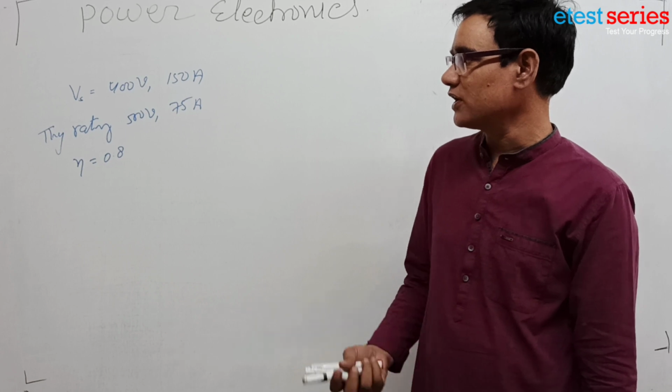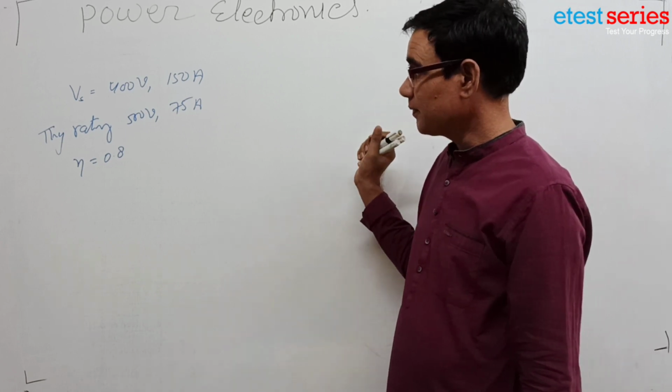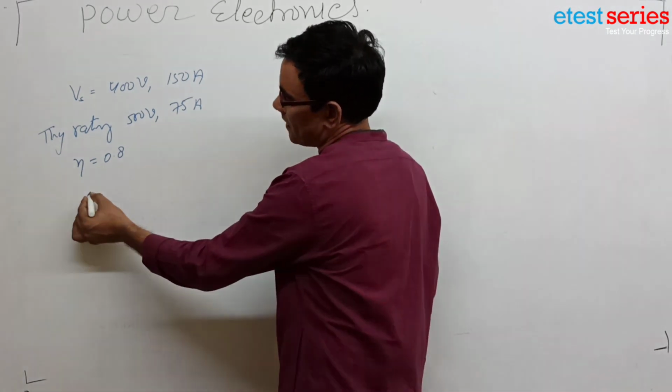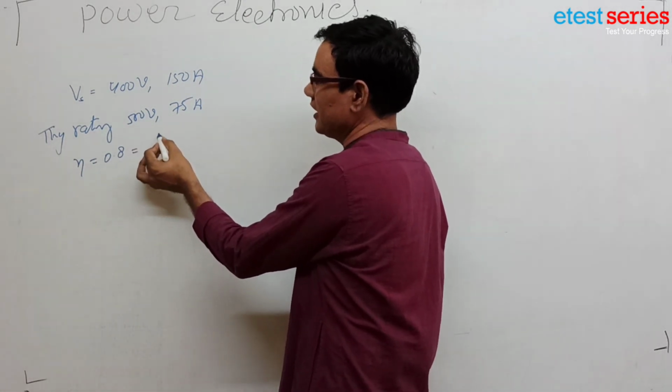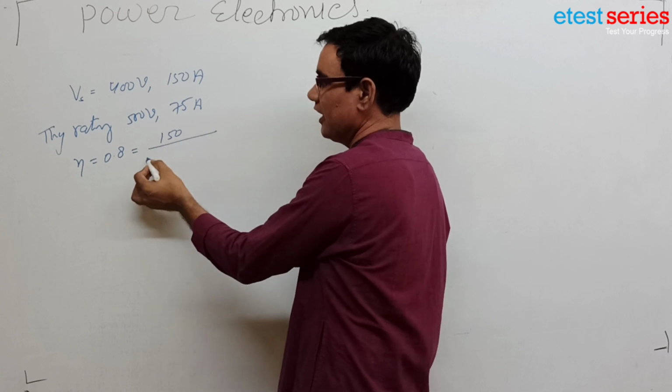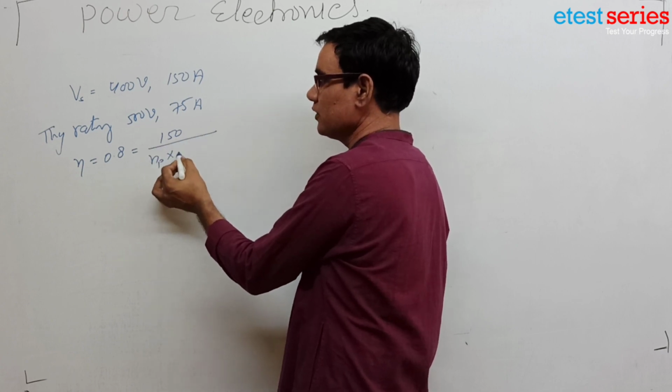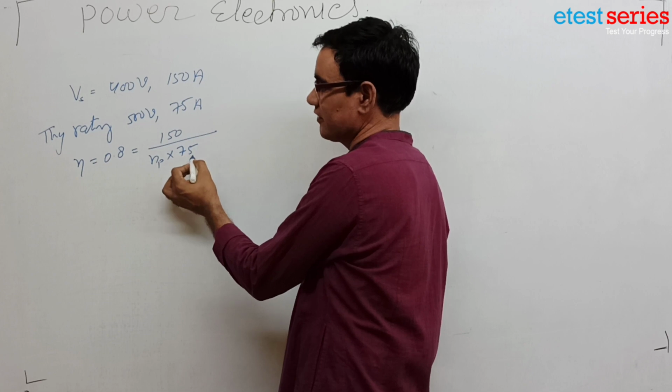So in series 1 only, in parallel 2. String efficiency is equal to actual rating, that is 150, divided by the number in parallel times the rating of individual, which is 75.